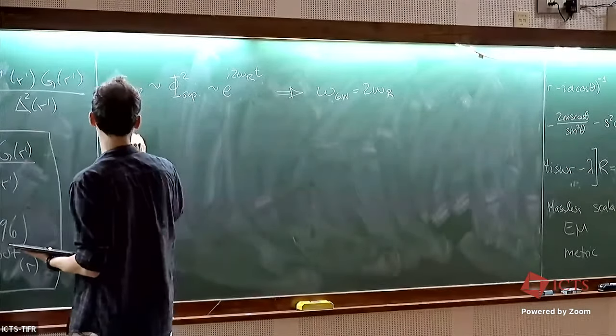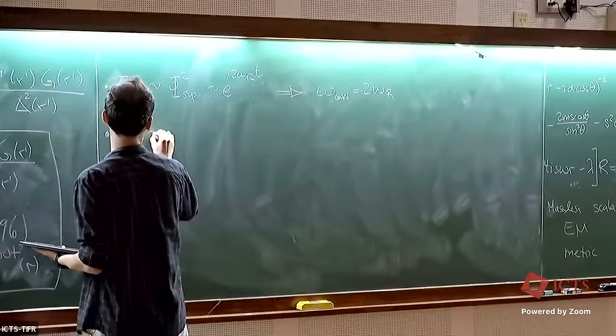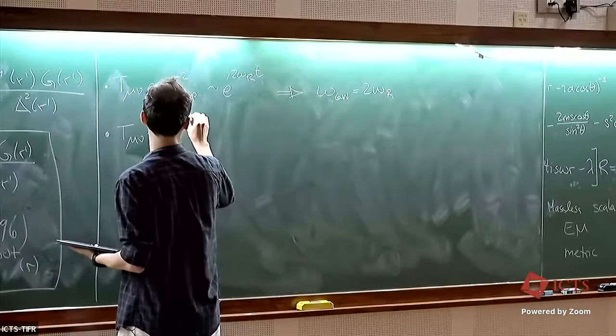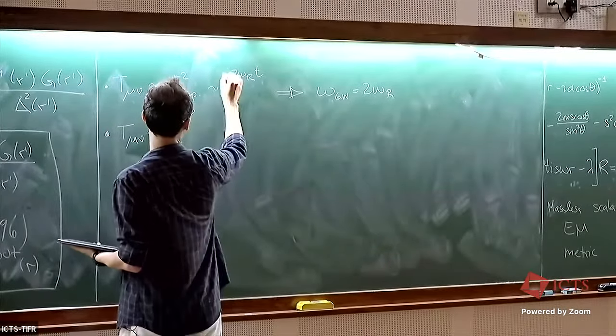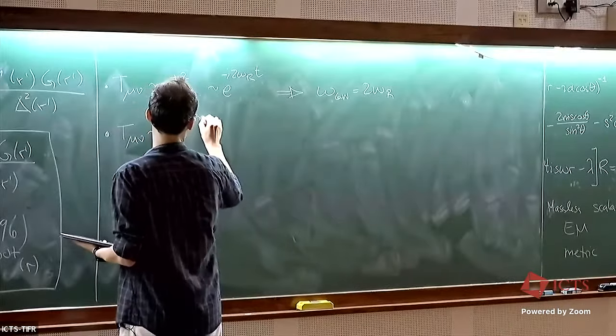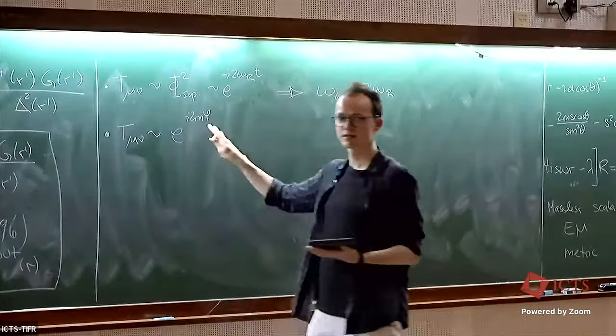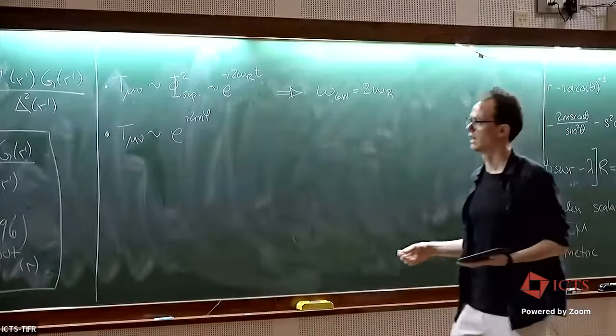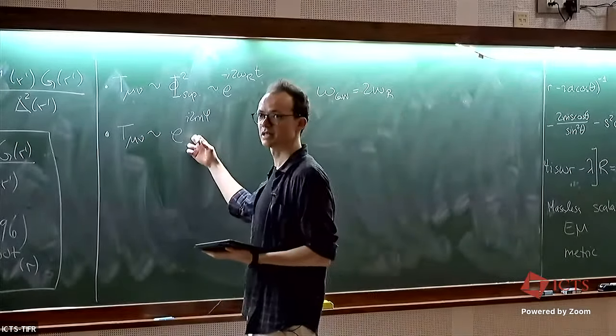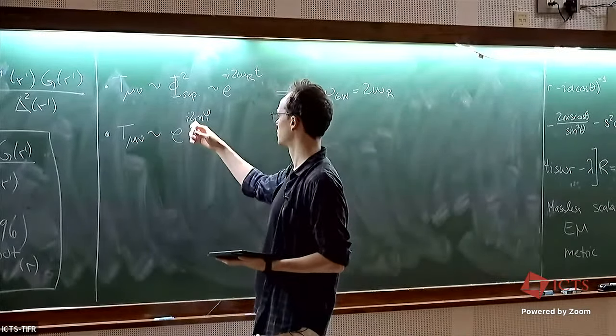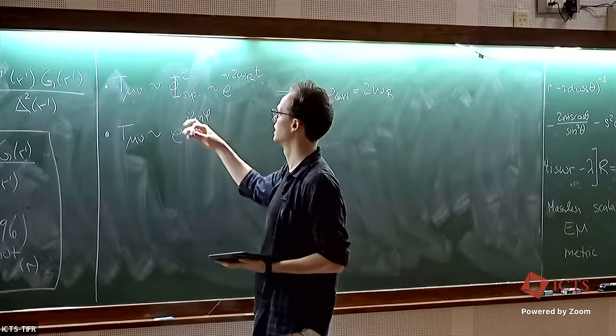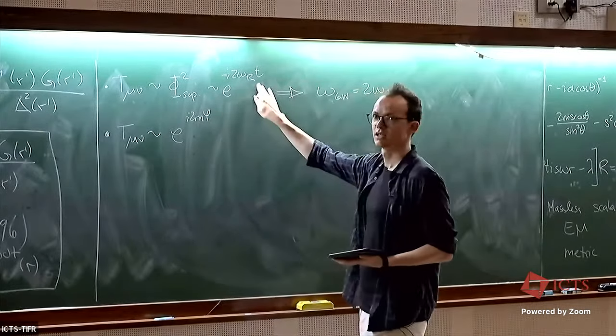Similarly, for basically the exact same reason, the azimuthal dependence of the source looks something like this. So now we have a 2m phi instead of the 2 omega r t.